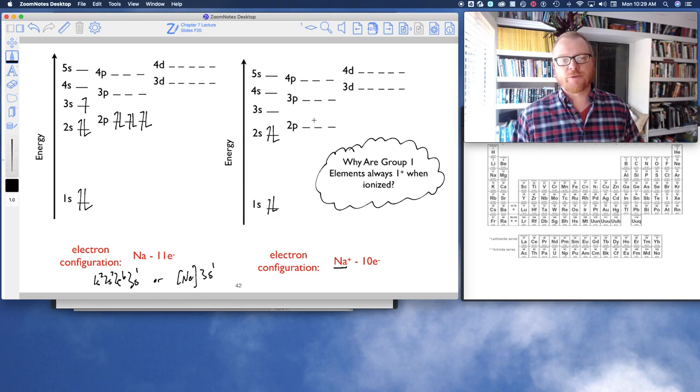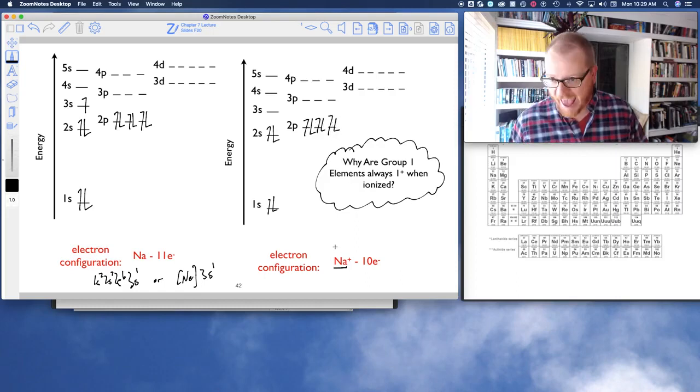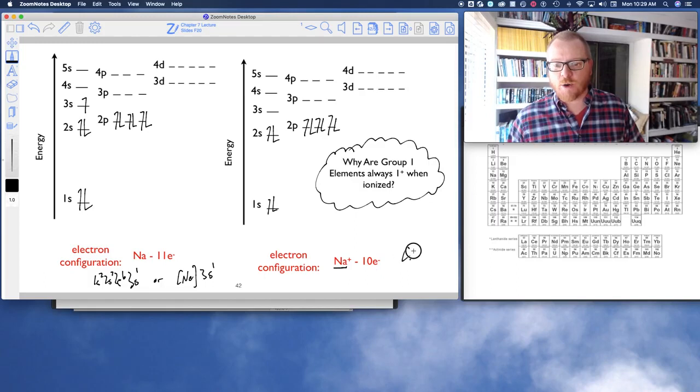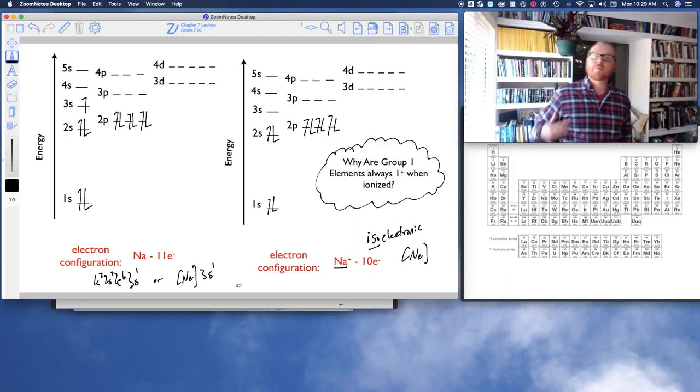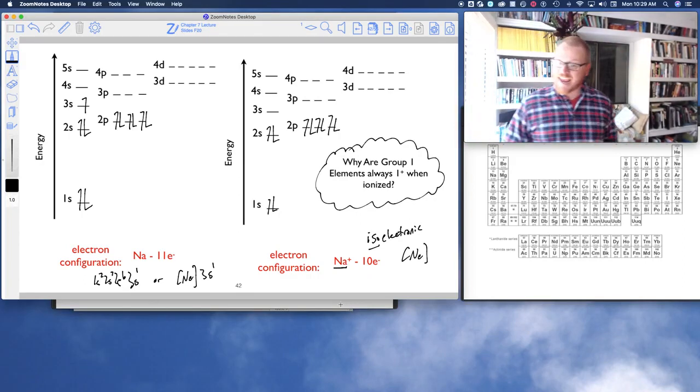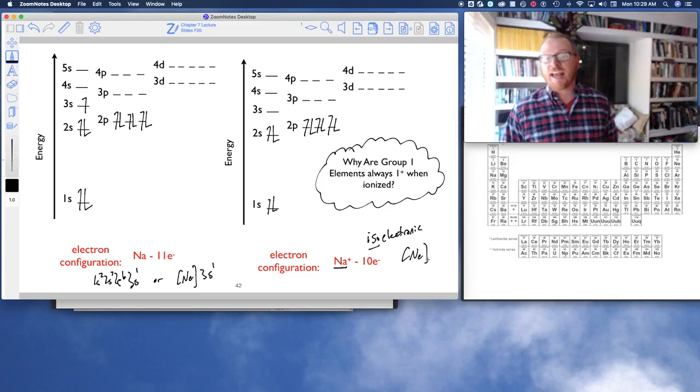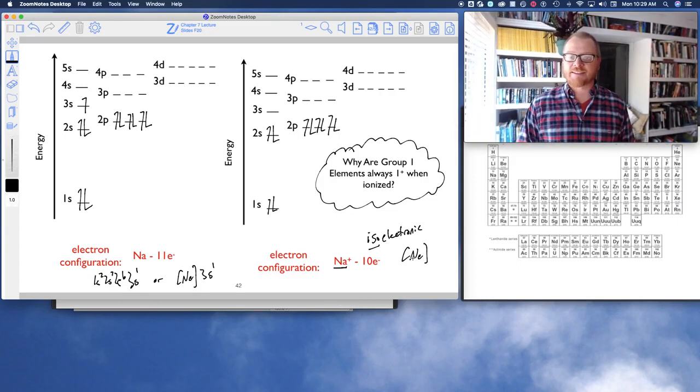So there's 1, 2, 3, 4, 5, 6, 7, 8, 9, 10. Okay? So the electron configuration of sodium plus is the same as neon. We call this isoelectronic. Iso means the same. So sodium plus has the same electron configuration as neon, the noble gas.